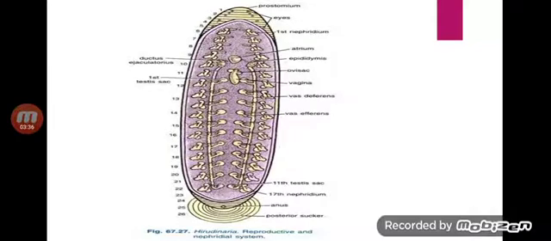Each vas deferens is enclosed within a tubular coelomic space which contains amoeboid corpuscles similar to those of the haemocoelomic fluid.